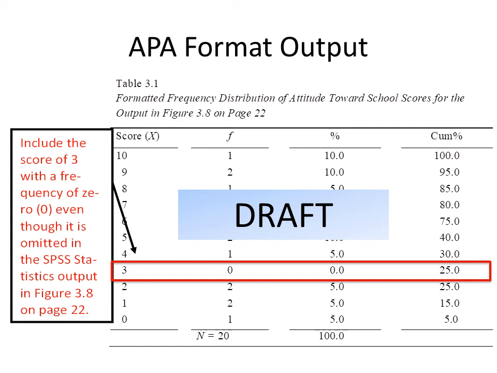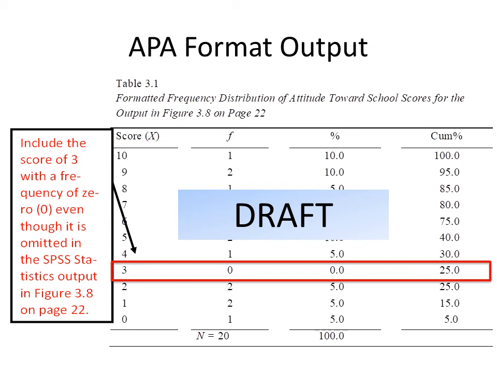Let's look down at number 3, and you can see that it has the 0 under frequency. That was because it was omitted in the SPSS output, but remember I also said that you had to include that in your formatted output.